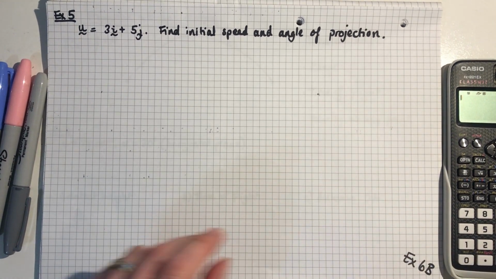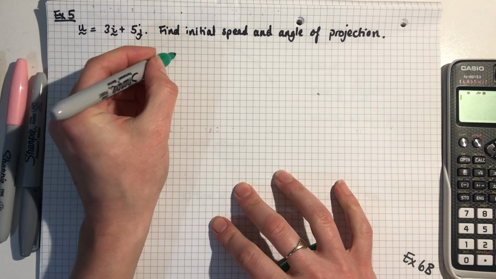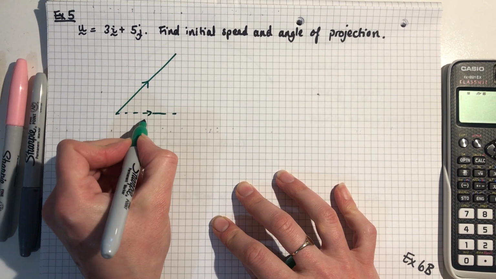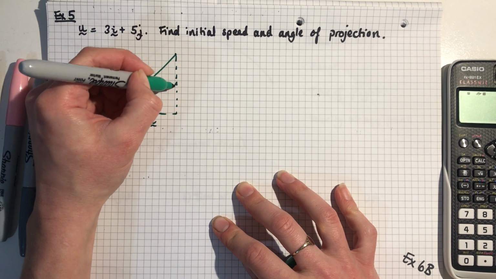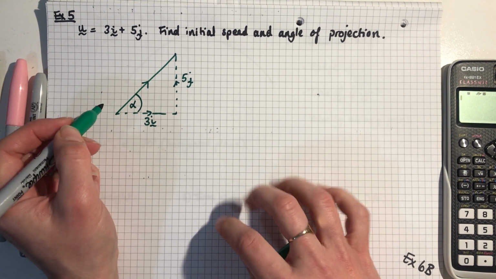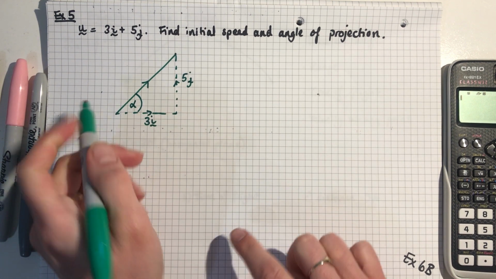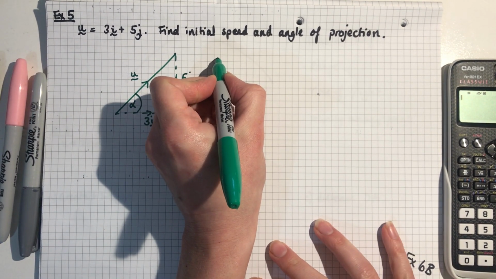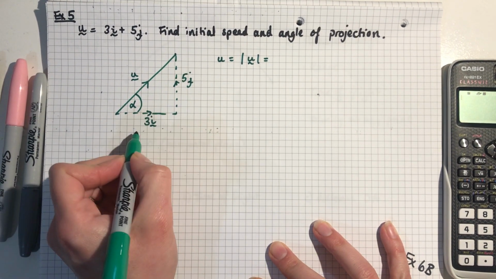So let's sketch this vector, shall we? Let's pick another colour. We'll go for green this time. So 3i looks like that, and 5j looks like that. The angle is alpha. The initial speed is the magnitude of this vector u. So we're going to apply Pythagoras to this.